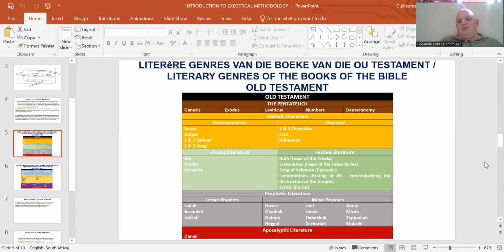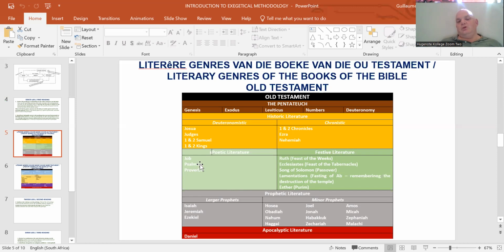Coincidentally, if you look at the Old Testament text, the festive literature, the old Jewish people used books like Ruth, Ecclesiastes, Song of Solomon, etc., during the religious festivals. So they sang these books and chanted these phrases, because that's how it worked at that time.